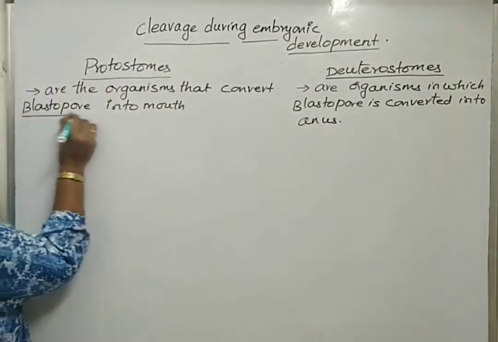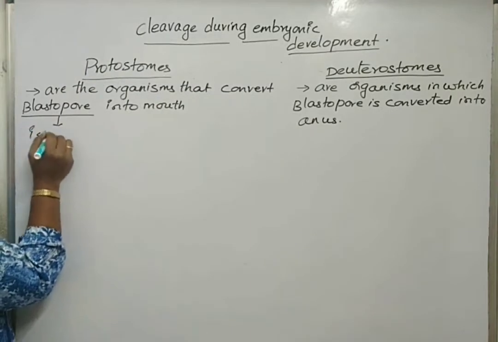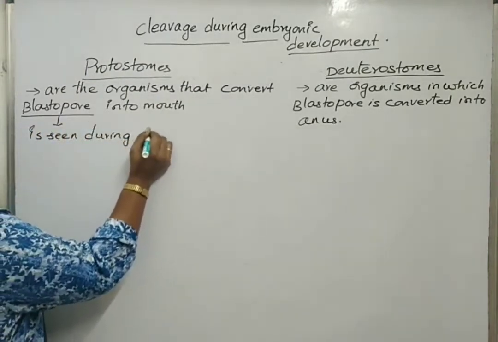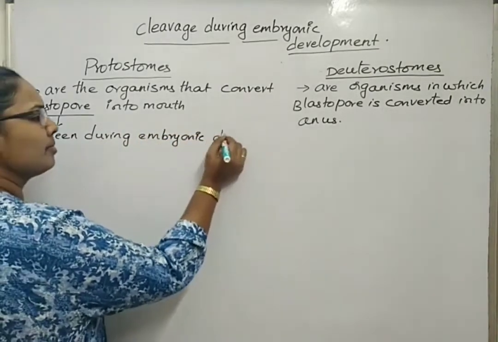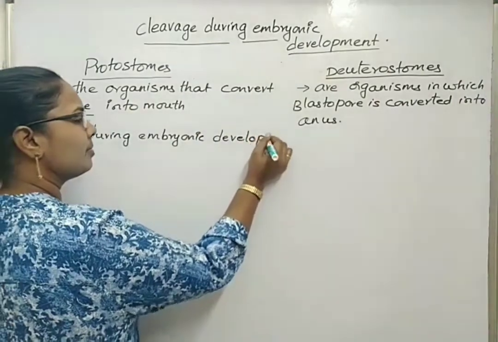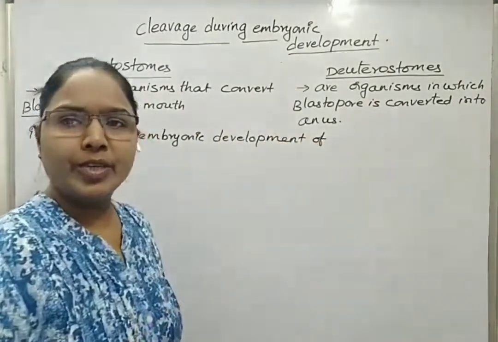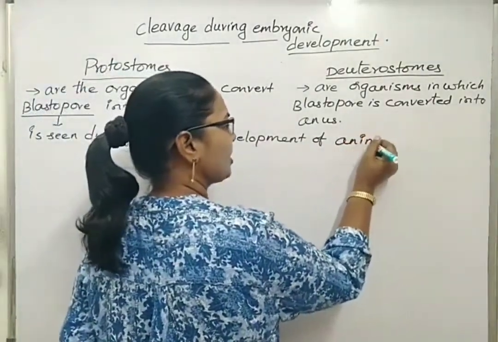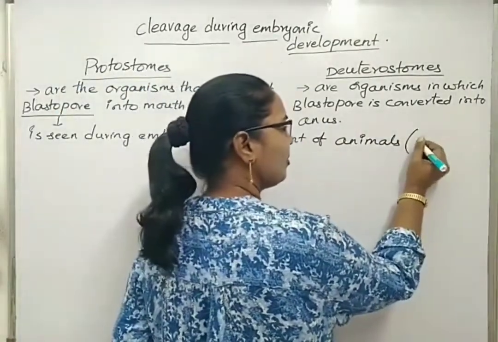Now, what is this blastopore? Blastopore is seen during embryonic development of either invertebrates or vertebrate type of organisms, of animals. From what type of animals?